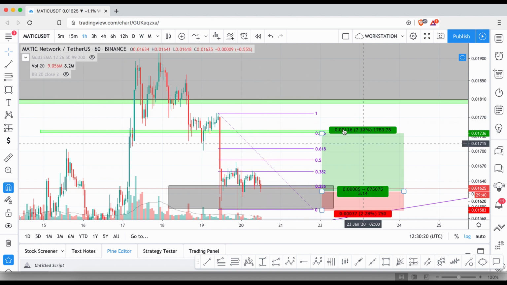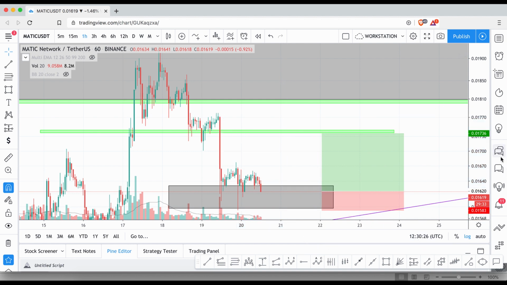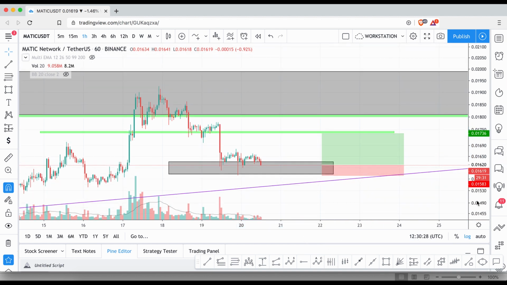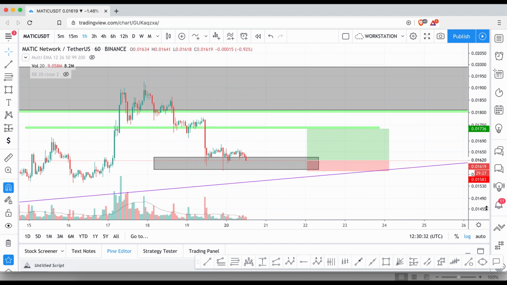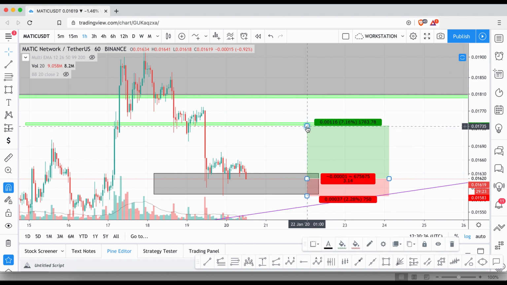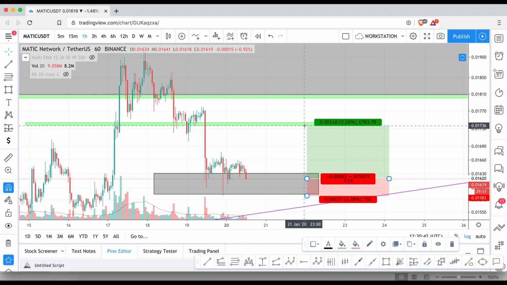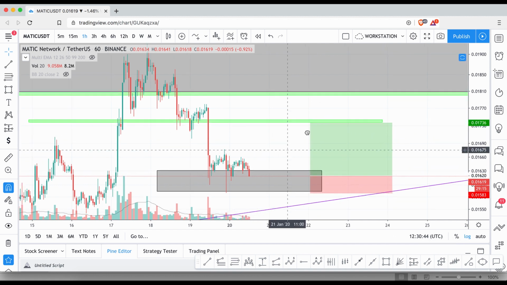So it looks like a good area to take some profit if price will go that far. Let's remove this tool for now. Okay, so there are actually two targets on this chart right now. We have here 7.16% and up around 10% right now. Let's let it be like this.